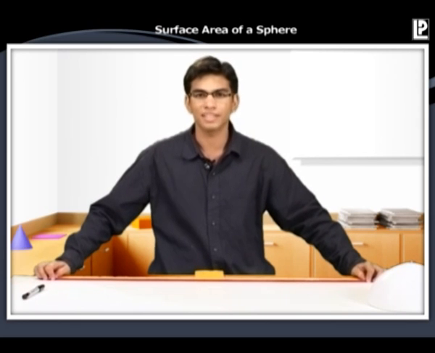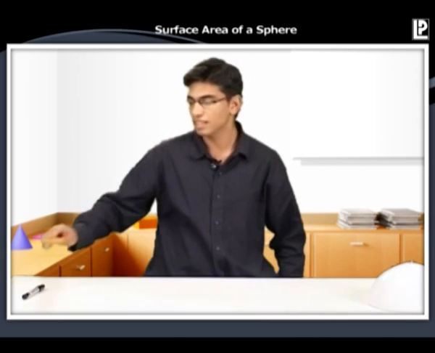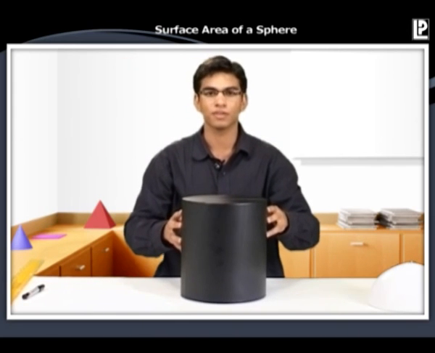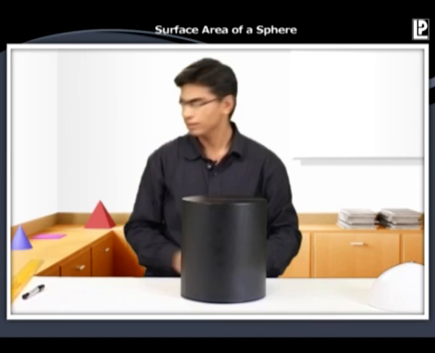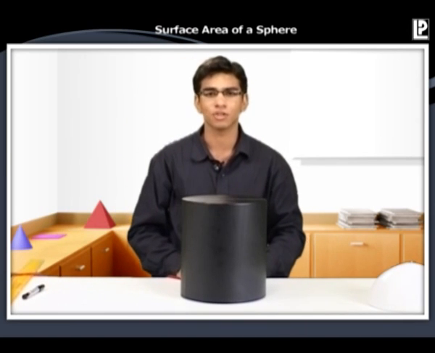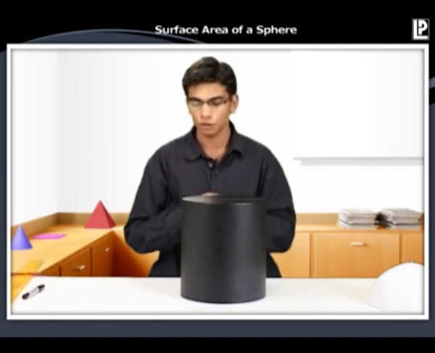It measures 18 meters. Now, let's take the cylindrical can which circumscribes the sphere. In the same way, let's wind another rope closely around the curved surface of the cylindrical can from the top to the bottom.